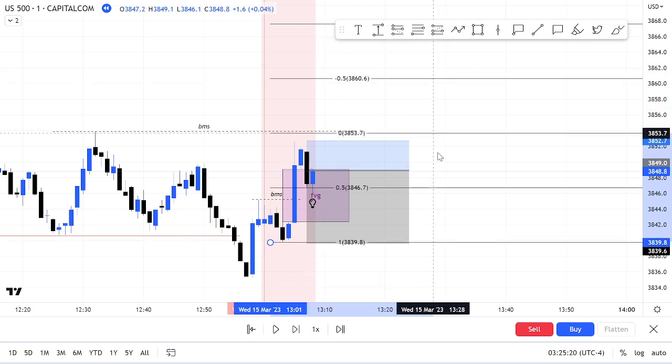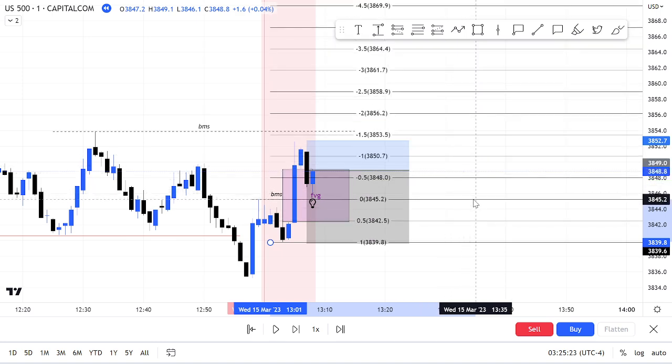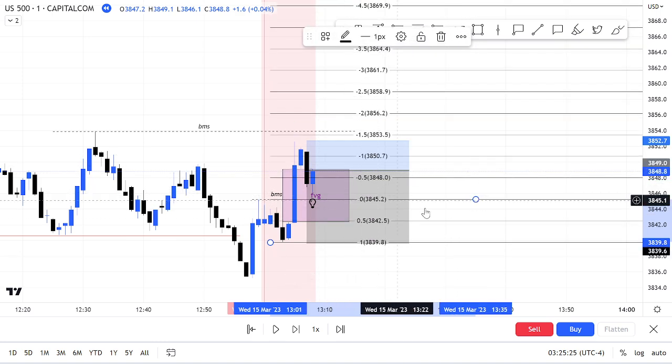So you realize that I use the fib tool and I just take it off the previous high and the previous low, and my 50%, which is mostly my equilibrium price.